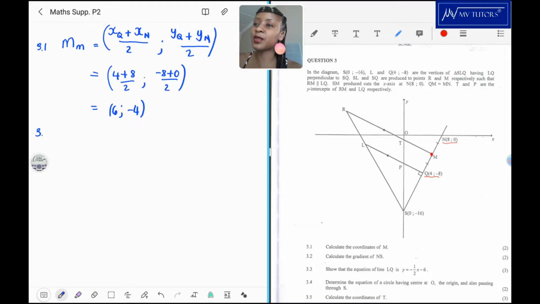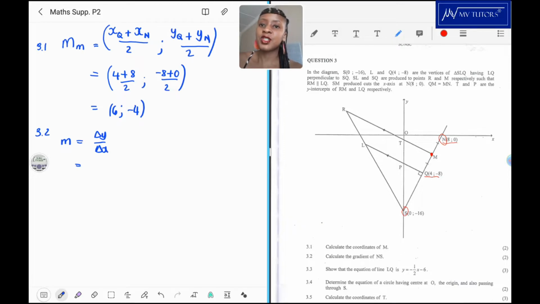We can then go to 3.2. Calculate the gradient of NS. Okay, so where is NS? This is S over here, and that is N. Okay, so we can just pick any 2 points on that line, NS. And we know the gradient is literally just the change in y over the change in x.